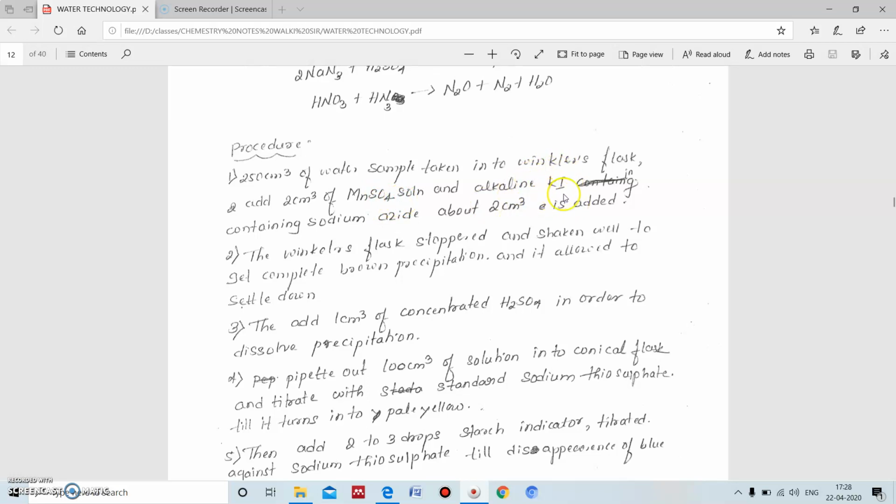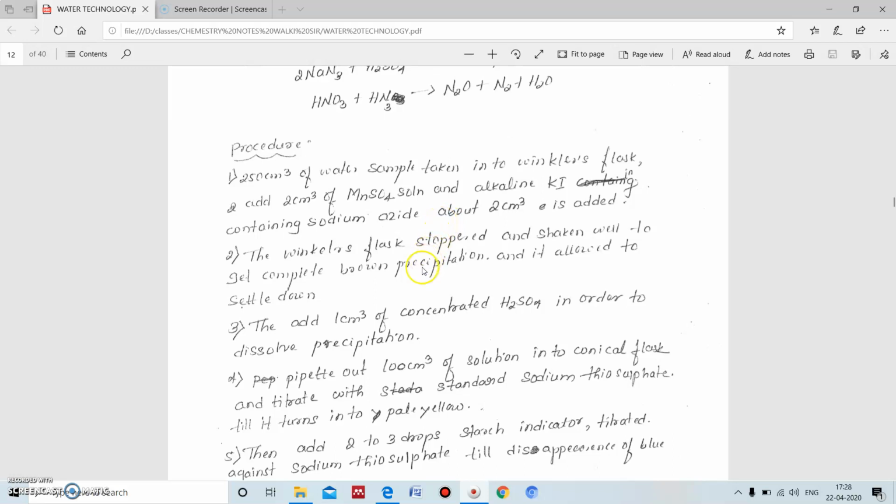Alkaline KI means potassium iodide dissolved in KOH solution, which also contains 2 cm cube of sodium azide solution. Then the Winkler's flask stopper is closed and it is shaken well, so that the brown precipitate forms. During this reaction, the manganese sulfate reacts with KOH and forms manganese hydroxide.